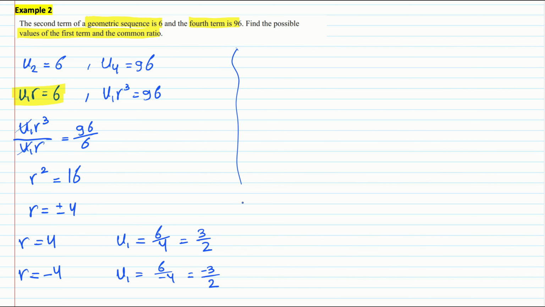There is another way that's going to save you a couple of steps. In any geometric sequence U1, U2, U3, U4, you get any term by multiplying the previous term by the common ratio.